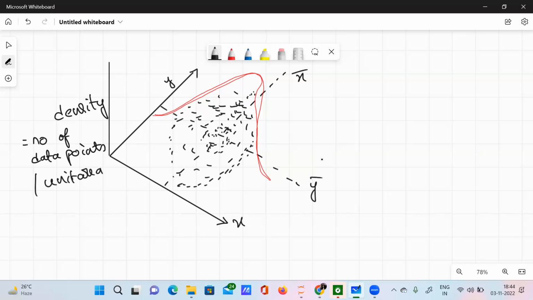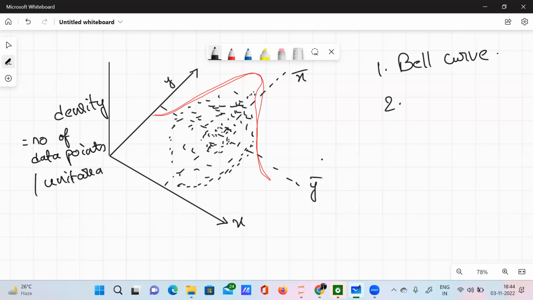And now when you observe this plot in three dimensions, it looks like a bell curve. The first observation is that it looks like a bell curve. This bell curve is in the shape of H naught. Why? Because we have already assumed that there is no relationship between the dependent and independent variable.